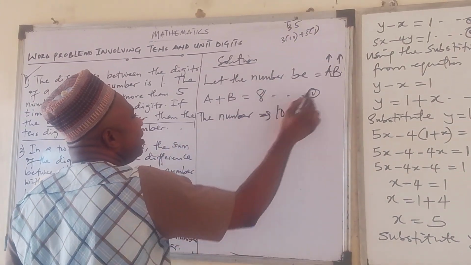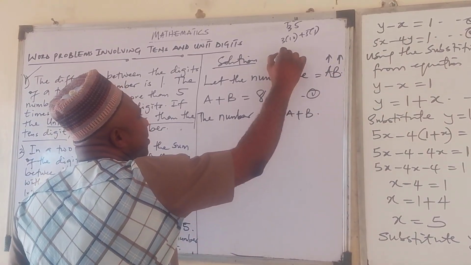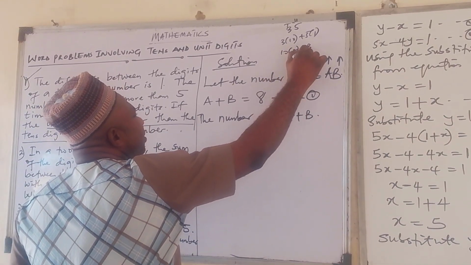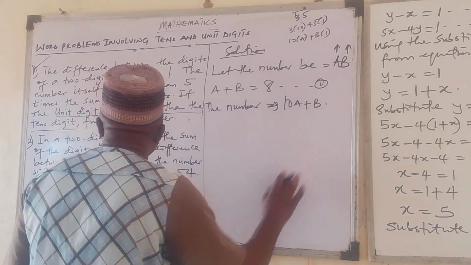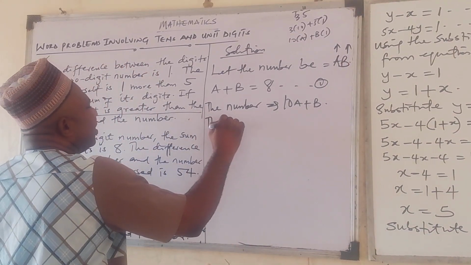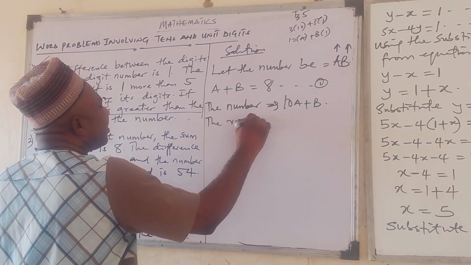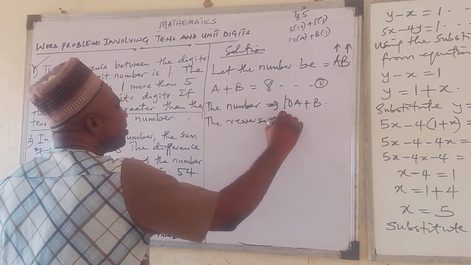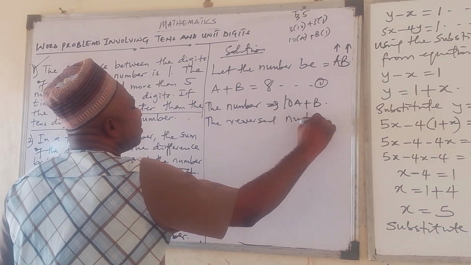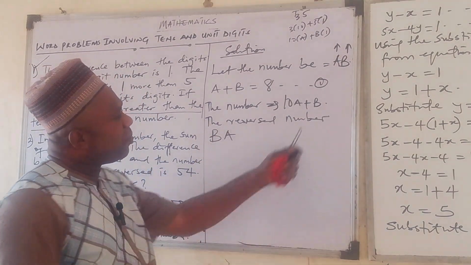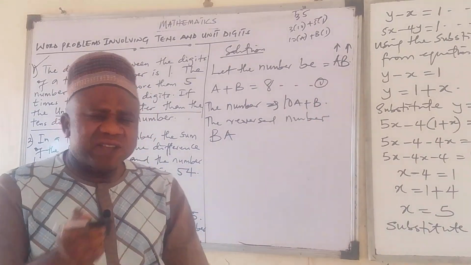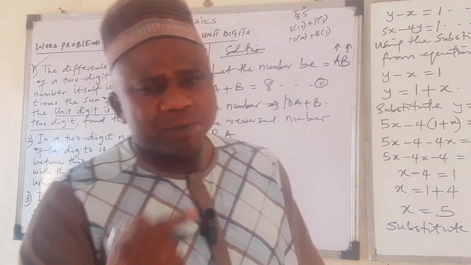So this AB is the same as 10 in bracket A plus B in bracket 1. That's tens and units. Now let's see the reversed number. The reversed number will be BA.